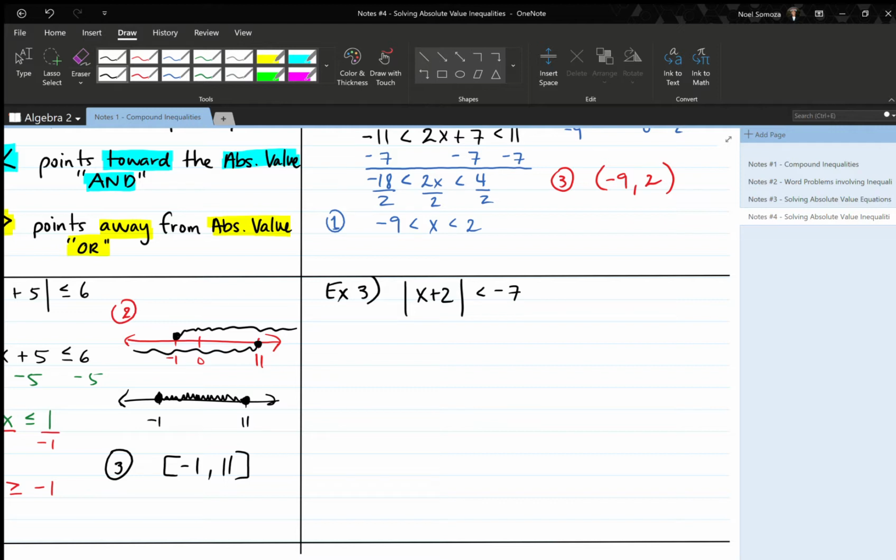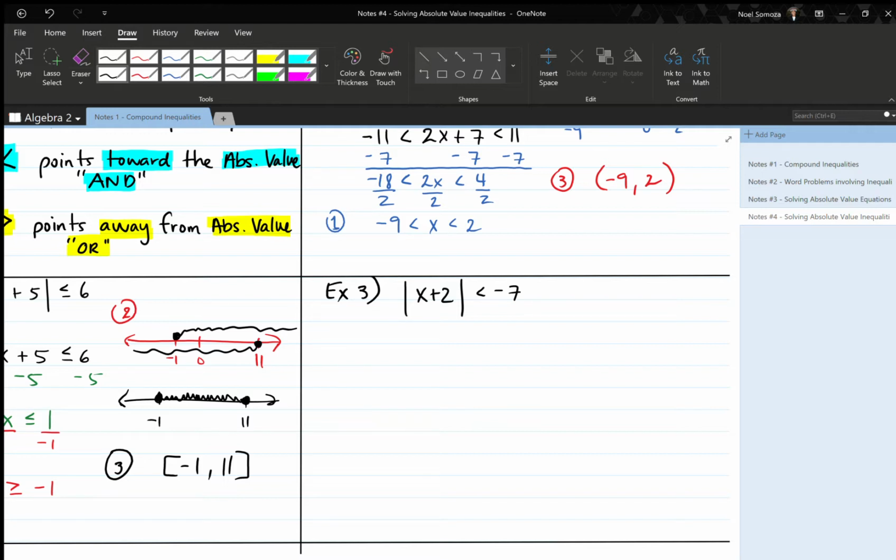Okay, before you start doing all the work, just pause and think for a second. Think about this. What did we talk about last time? Absolute values must produce what? Positive outputs, right?